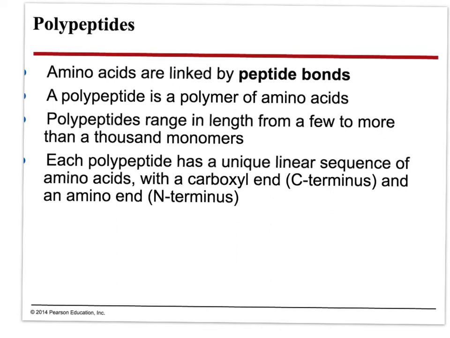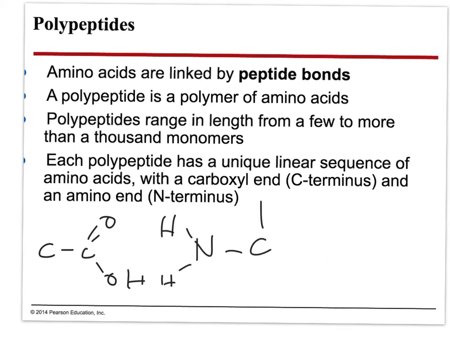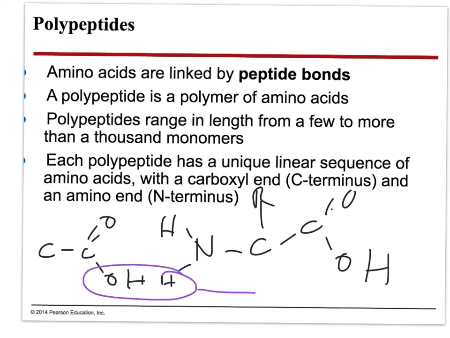So here, let's say this is a central carbon. Here's your C double bond O, OH of one amino acid. And now I'm going to have the NH2 of this amino acid. There's your central carbon, there's an R group, there's another C double bond O, OH. Agreed? Now, this water is going to come off, and then we're going to make this bond between carbon and nitrogen.